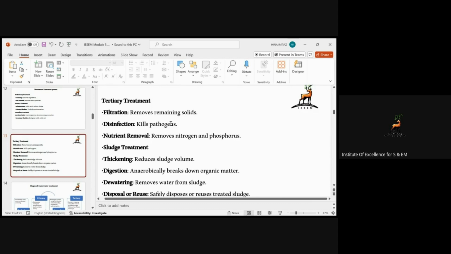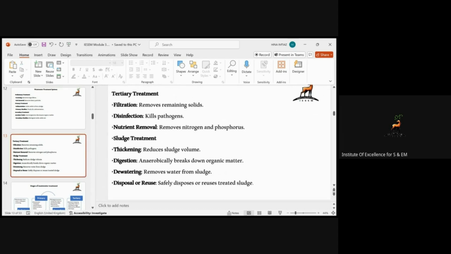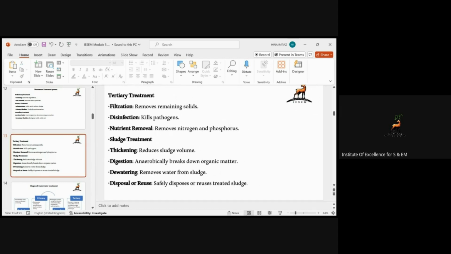So the next is the tertiary treatment, and it involves removing the remaining solids. It kills the pathogens, and it can remove the nitrogen and phosphorus, so you can recycle that nitrogen and phosphorus. Basically, tertiary treatment is designed to remove the toxic compounds, including phosphorus and nitrogen compounds, that cannot be removed during the primary and the secondary treatment.